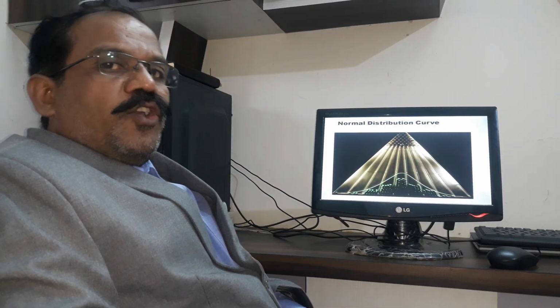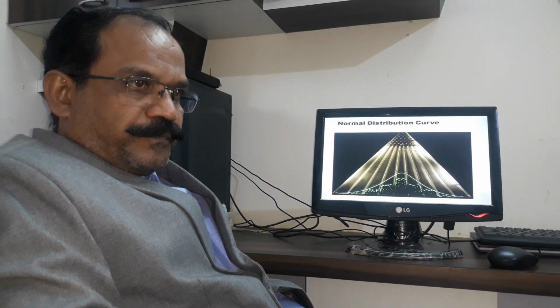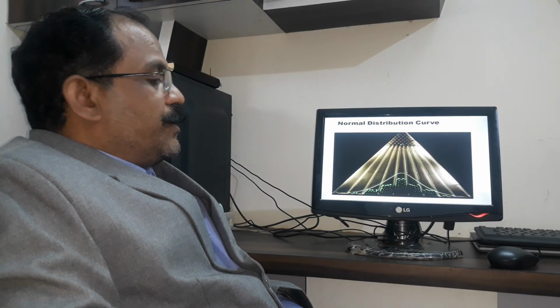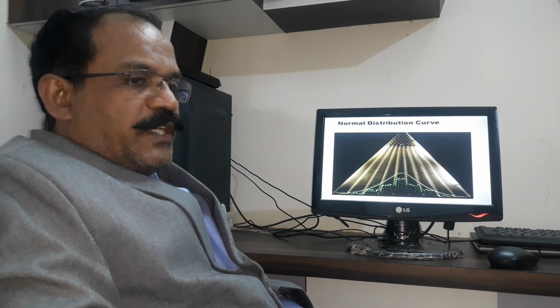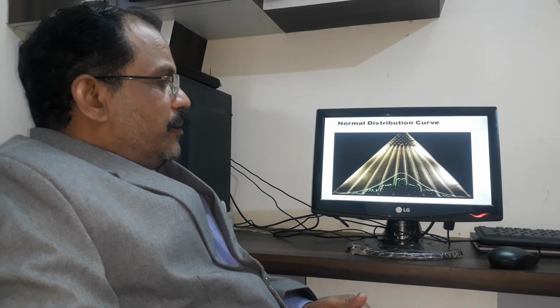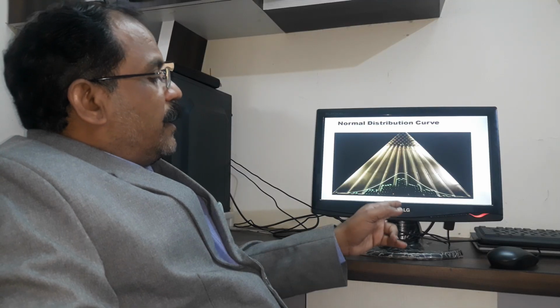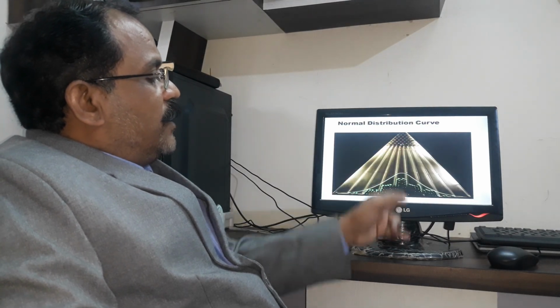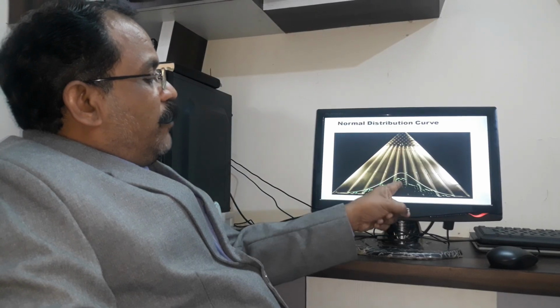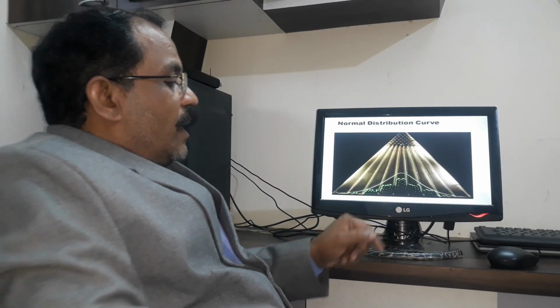This shape is called a bell shape, or in technical terms a normal distribution curve, because it is a normal distribution. Every manufacturer will try to manufacture products matching the mean line. Here the maximum products are matching at the mean line.